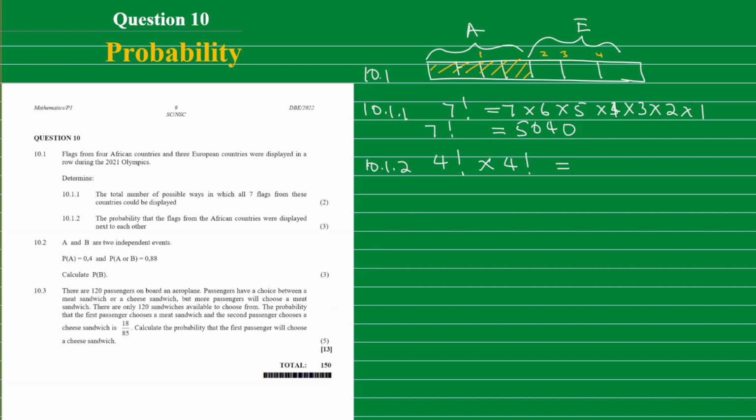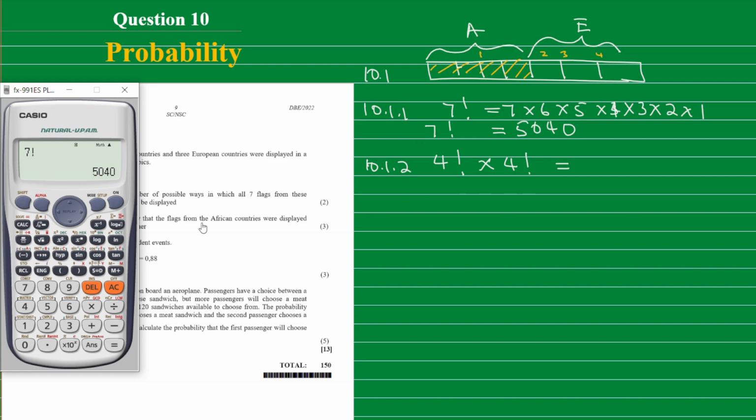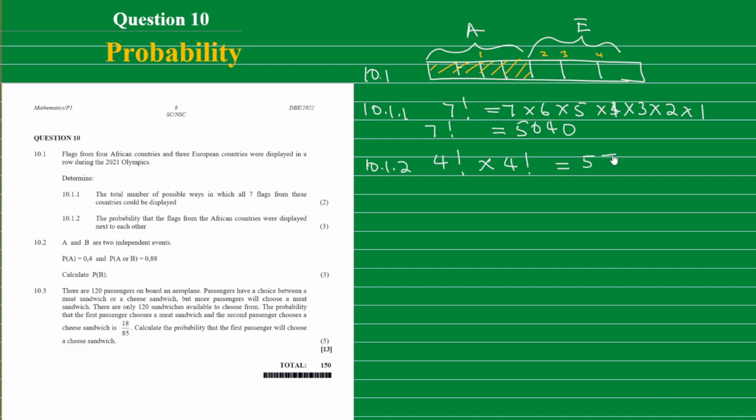When we punch that in, 4 factorial multiplied by 4 factorial, that will give us 576. So there are 576 different ways where the African flags will be next to each other.